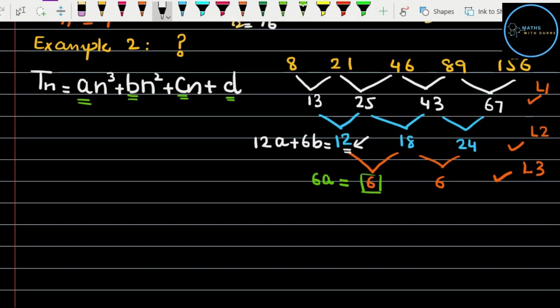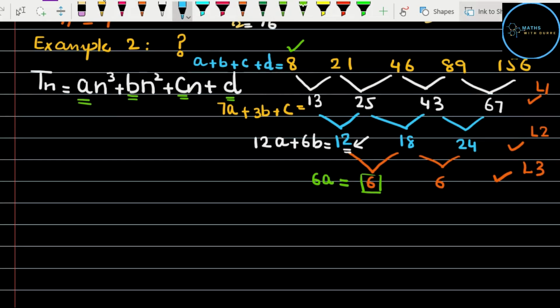Okay. And what about the first value of the first difference? You have to make it equal to 7a + 3b + c. You have to make it equal to this 13. The last one is the first value of the sequence; you have to make it equal to a + b + c + d.